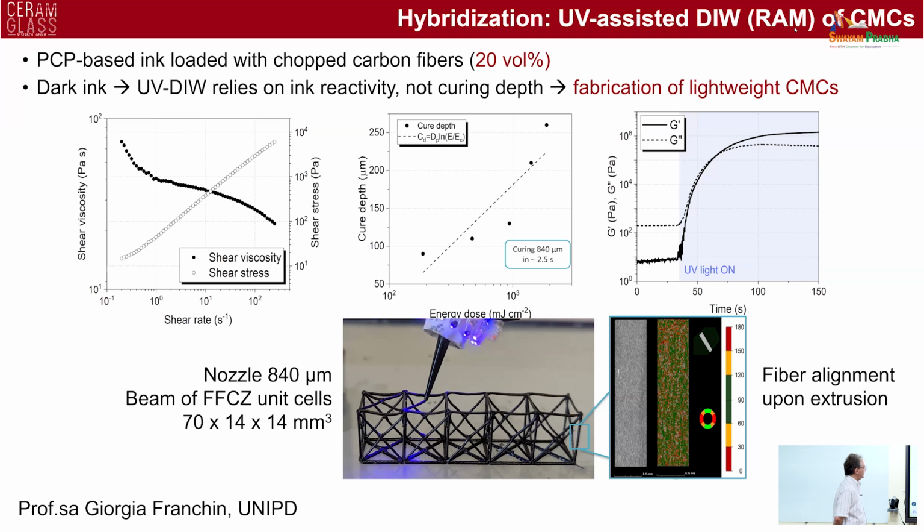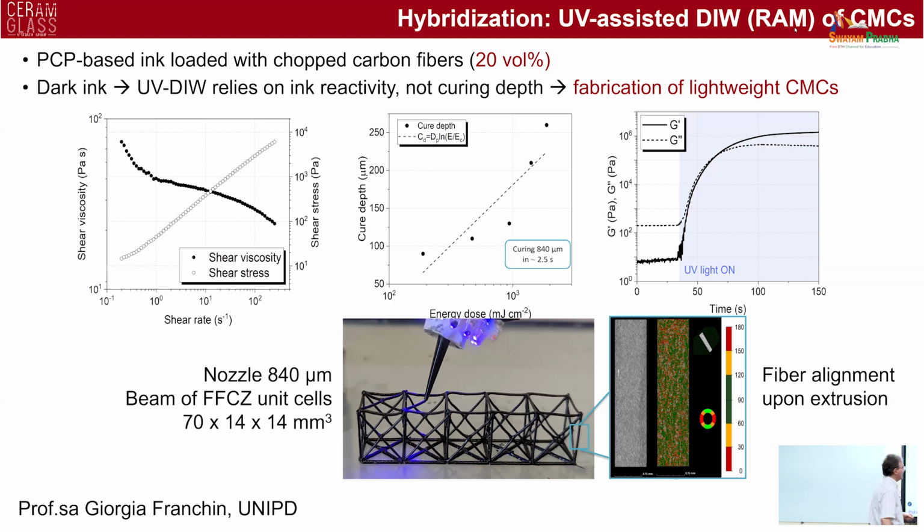And the reason why we are able to cure an ink that contains black particles up to 20 volume% is because the LEDs that we placed at the end of the extruder's nozzle are high intensity. So we have a high UV intensity that allows us to cross-link.